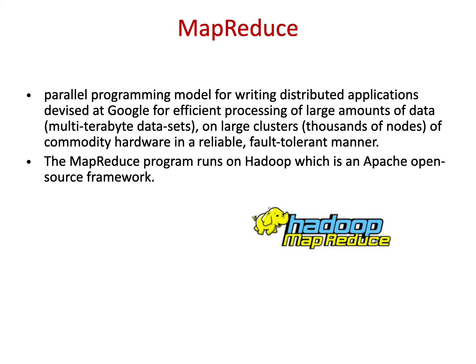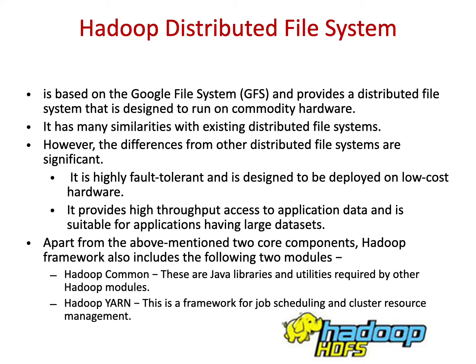Another component is the Hadoop Distributed File System, which is based on the Google File System, GFS, and it provides a distributed file system designed to run on commodity hardware. It has many similarities with existing distributed file systems.